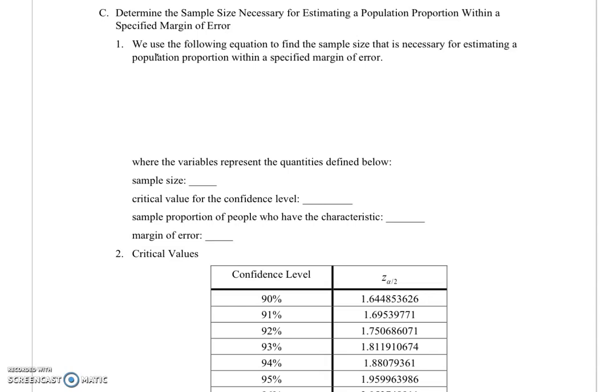So here's how we find the sample size that is necessary for estimating a population proportion to within a specified margin of error.